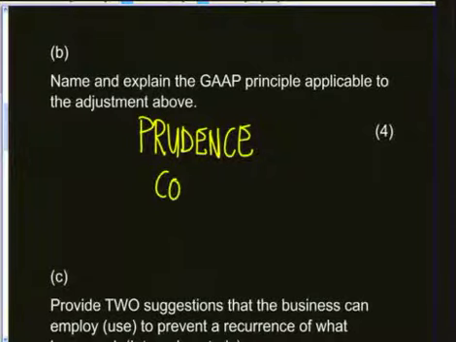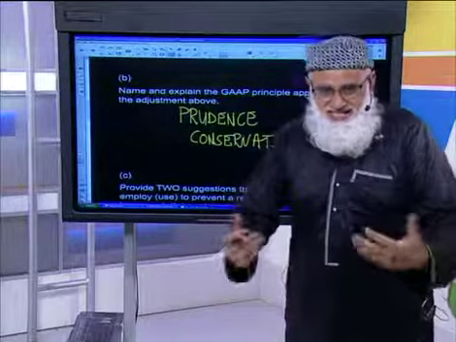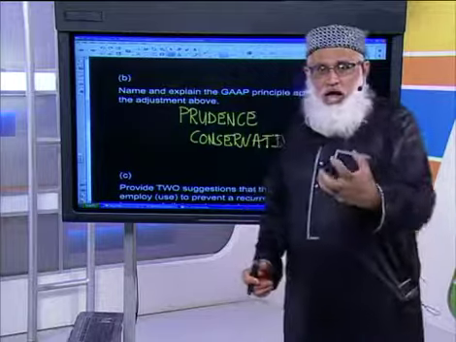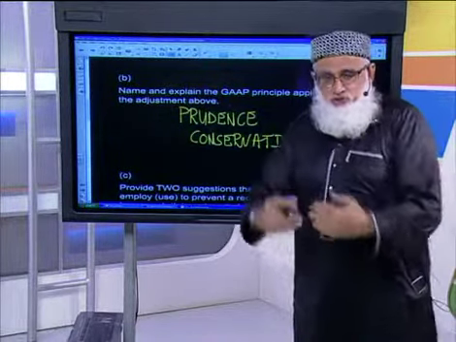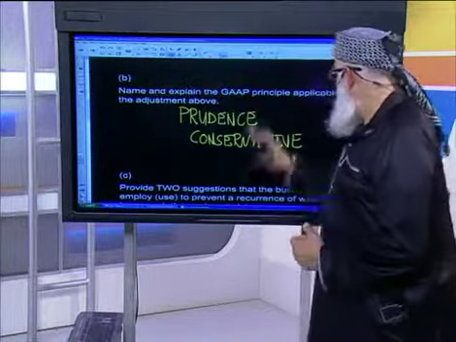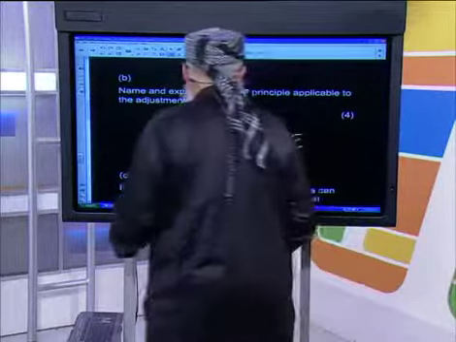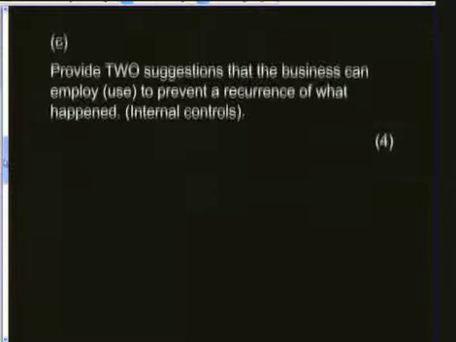So remember, with the prudence concept, we're saying that we are using a conservative approach, or another word that is often used is that we're being pessimistic when it comes to our expenses. So we realize the loss now, but we do not anticipate future gains. Okay, so we've dealt with that question in terms of the prudence concept and being conservative in our approach. Right.